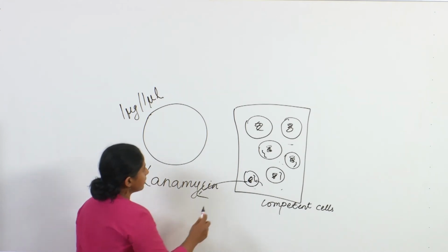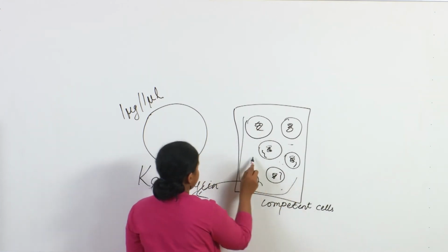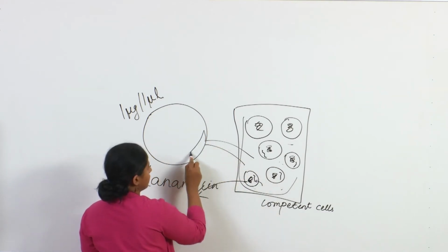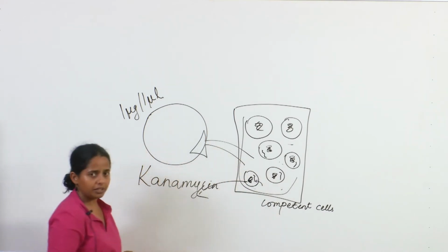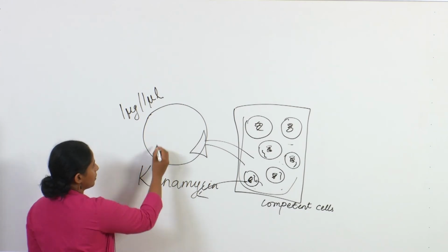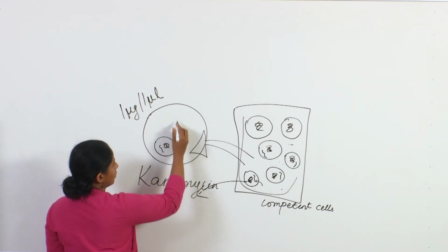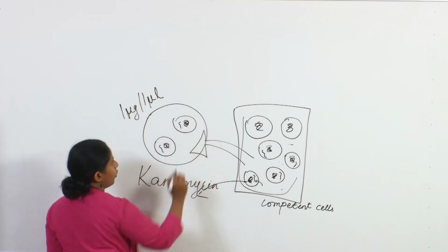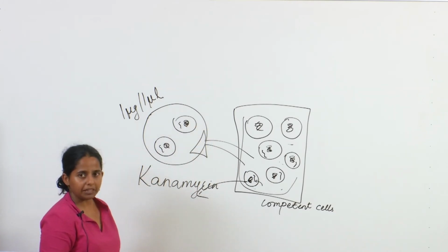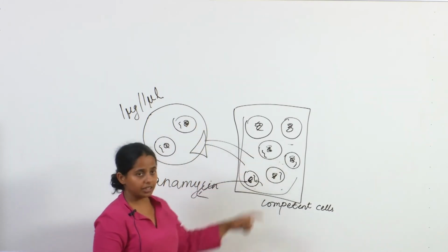So, if I scoop this out and I pour them here, only those cells will be able to grow who have picked up the right genetic fragment, and the ones that have not, they will die out.